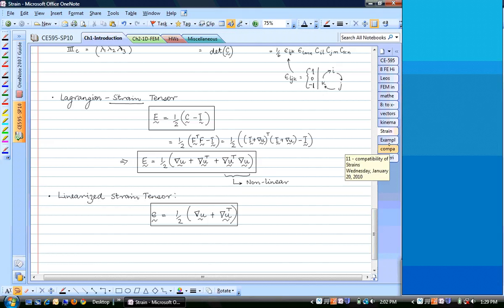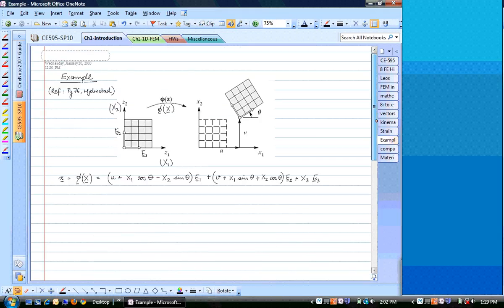So what we'll do is take one example, and we'll do this as an in-class exercise. Just take out a piece of paper and write your name on it, and in 5 minutes I'll talk more about this. Here is this two-dimensional body.